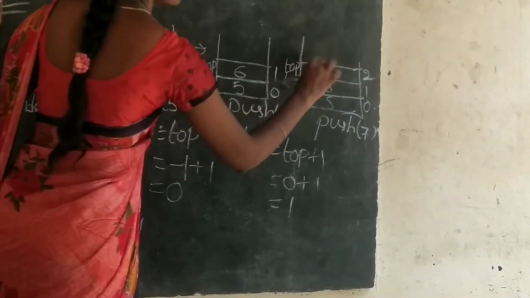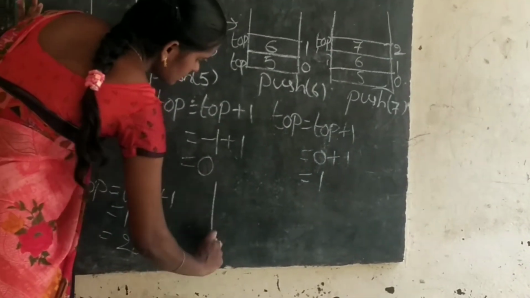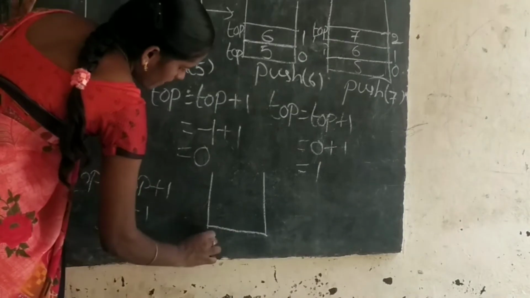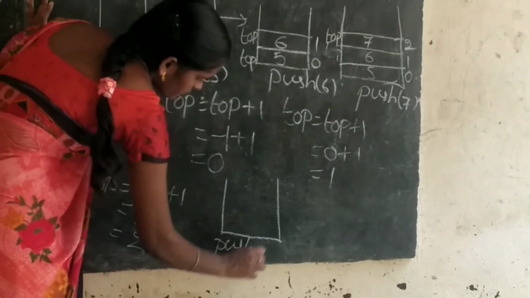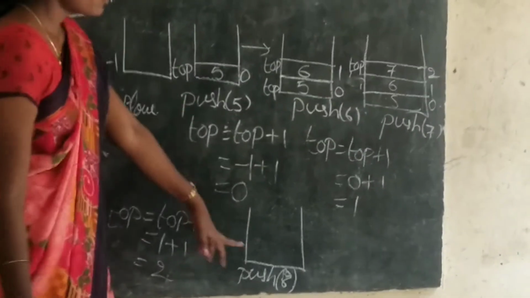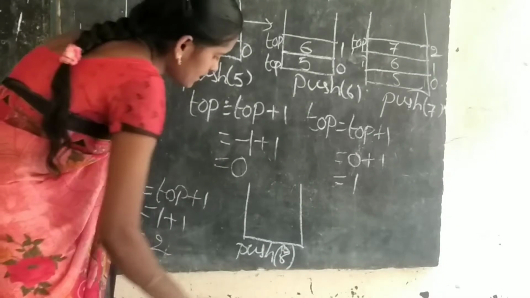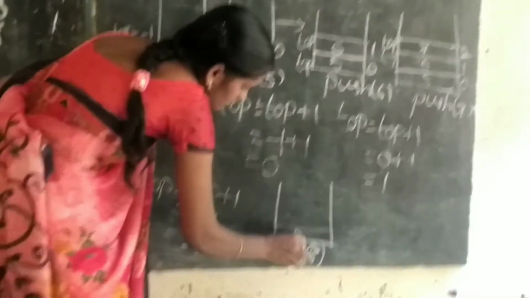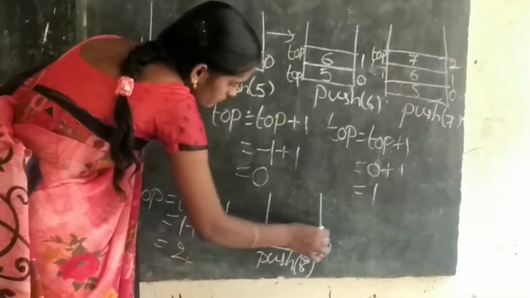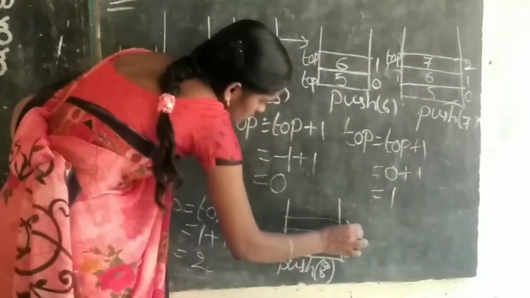And next again we consider push of 8. That means now the element 8 is inserted into the stack; already 0 has 5, 1 has 6, and 2 has 7.